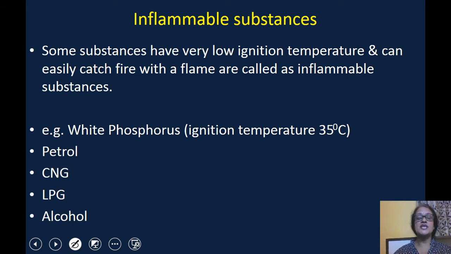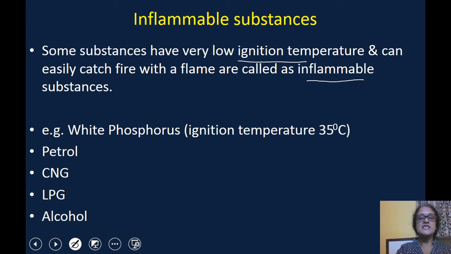Now we will see what are inflammable substances. Children, some substances have very low ignition temperature and they can catch fire easily. These substances are called inflammable substances. The substances which have very low ignition temperature start burning easily.